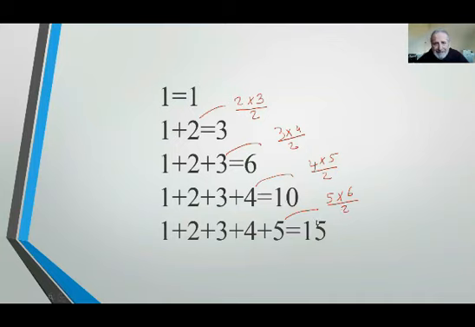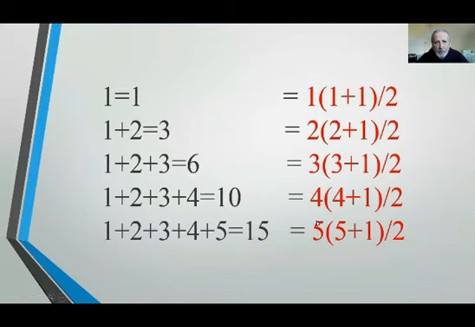So I see the pattern now. So I can put: 1 is equal to 1, that is 1 plus 1, 2. 1 times 2, 2 divided by 2 is 1. You take the 2 and you add 1 to it, 3. 2 times 3, 6 divided by 2 is 3. You take the 3 here, 3 plus 1 is 4. 3 times 4, 12 divided by 2 is 6.